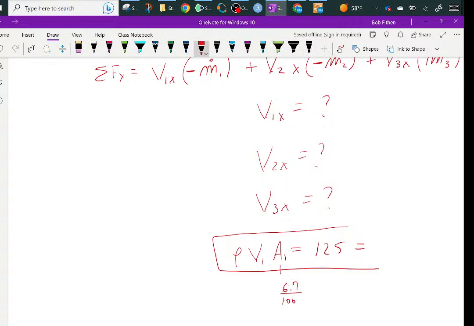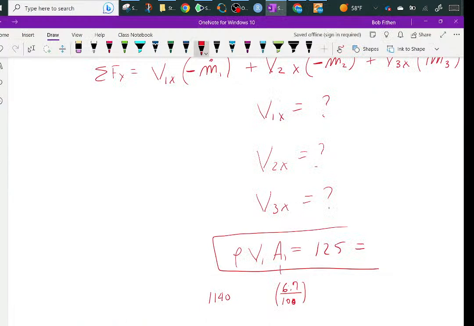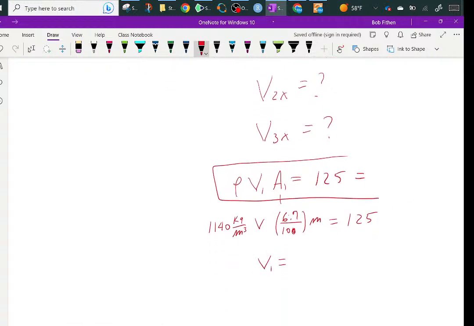And I guess I need to make it meters. The density of that thing is 1140, and that's kilograms per meter cubed. So this will be meters. Velocity is equal to 125. Okay, so the velocity at 1 should be 125 divided by 1140 times 100 over 6.7.